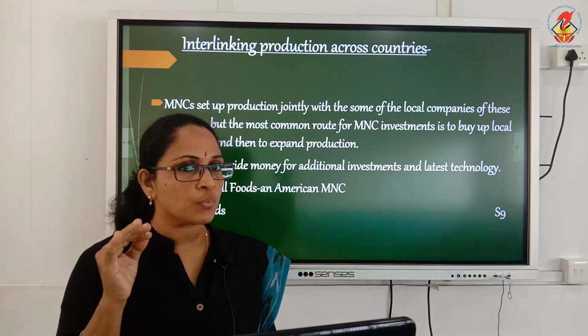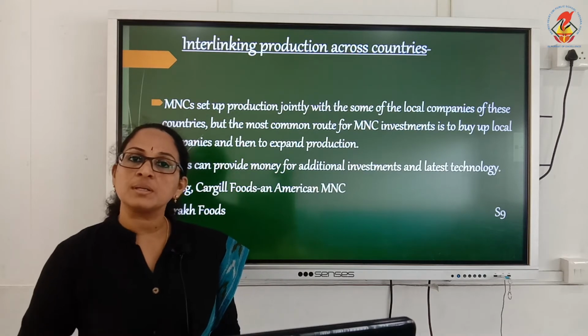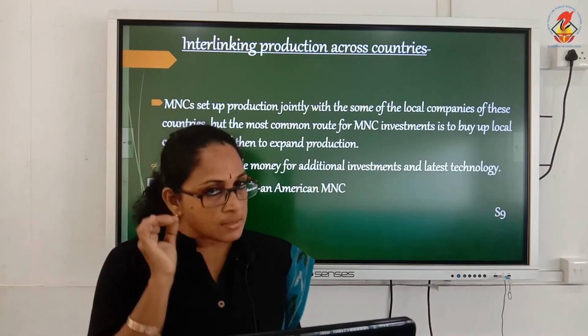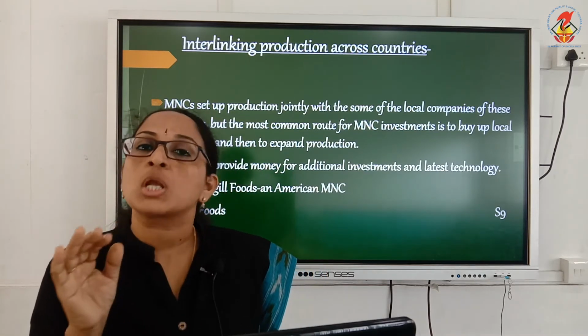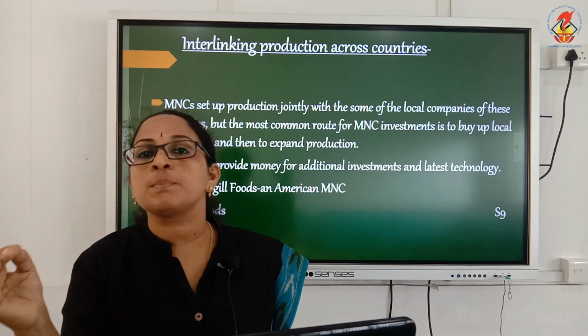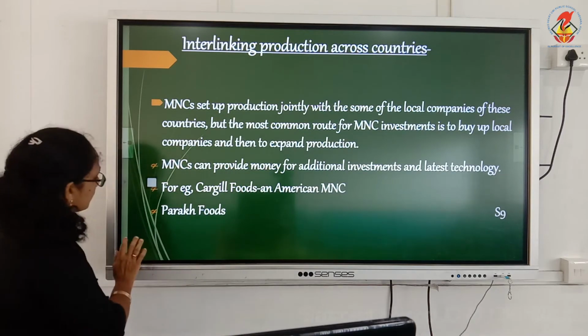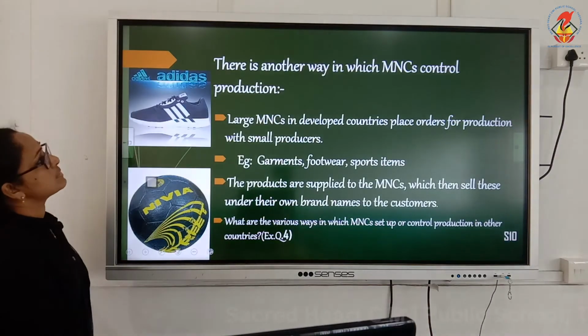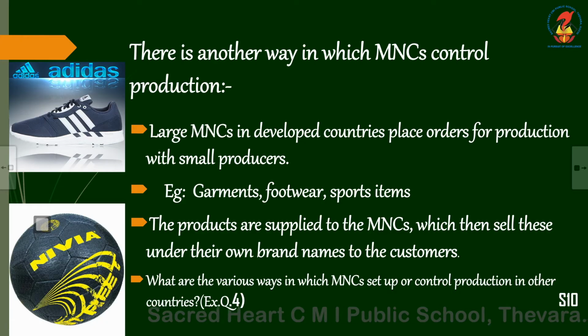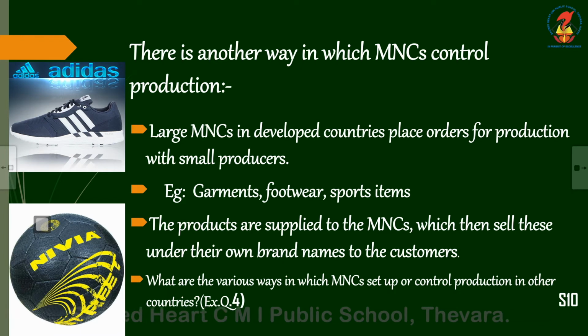So the first way MNCs set up production is to start production jointly with some of the local companies and expand production. Second way, there is another way, children. They place orders for production with the small producers.